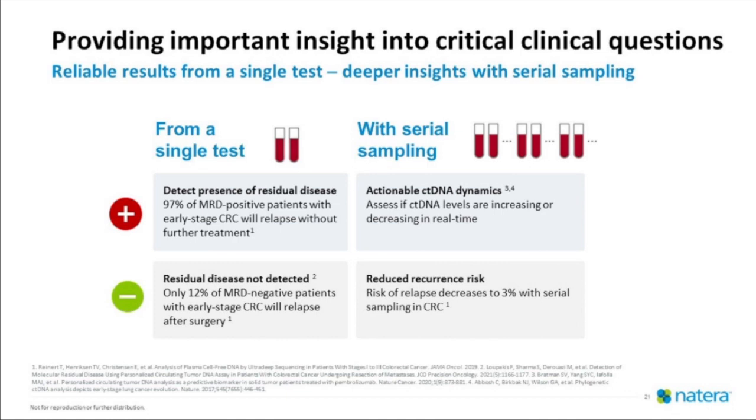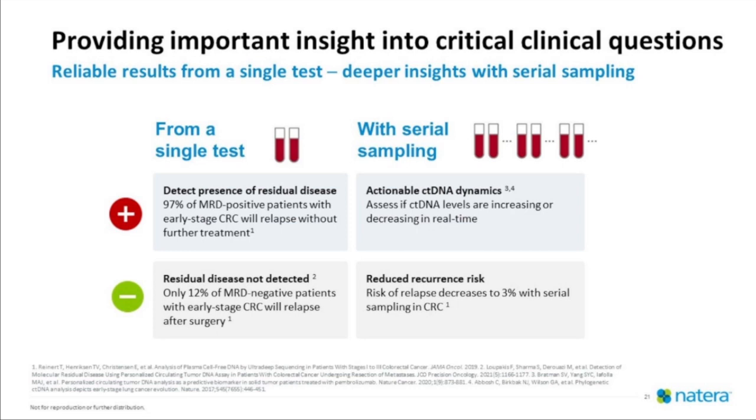So it allows us to provide important insight into critical clinical questions. From a single test at that minimal residual disease time, 2 to 8 weeks post-surgery, you are able to detect the presence of residual disease and make that decision, as Dr. Botta mentioned, of giving adjuvant chemotherapy, versus having no minimal residual disease detected.